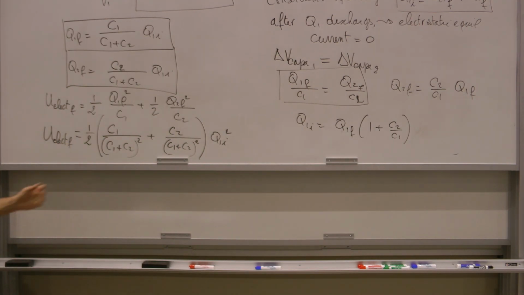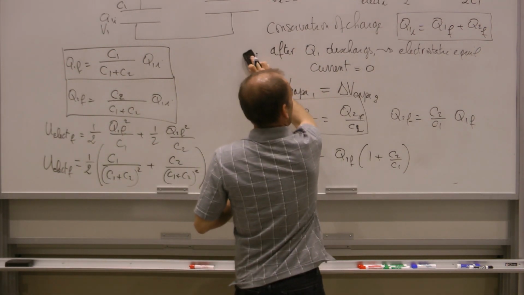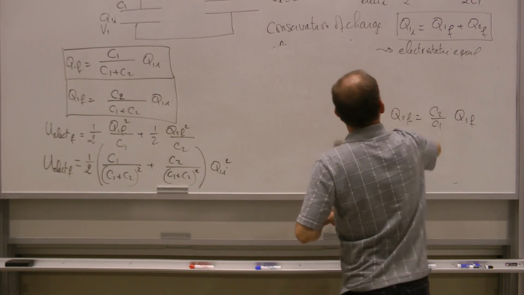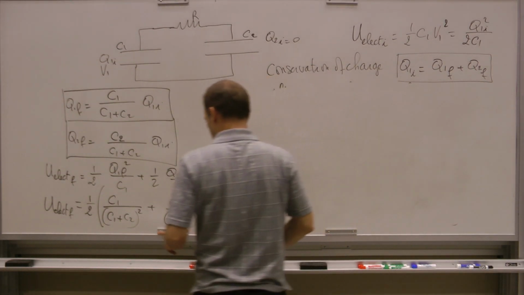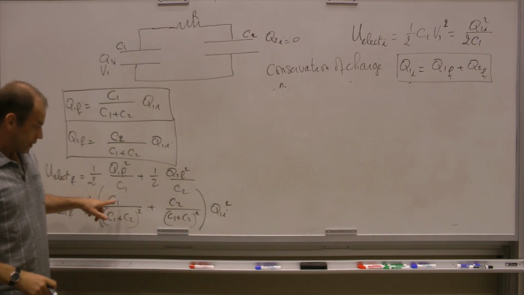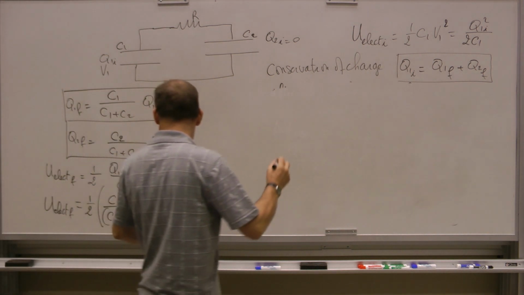For that situation, of course, that simplifies quite a bit. I can now get rid of all this. Same denominator, so in the numerator you get C1 plus C2 divided by C1 plus C2 squared, and one of them cancels out.